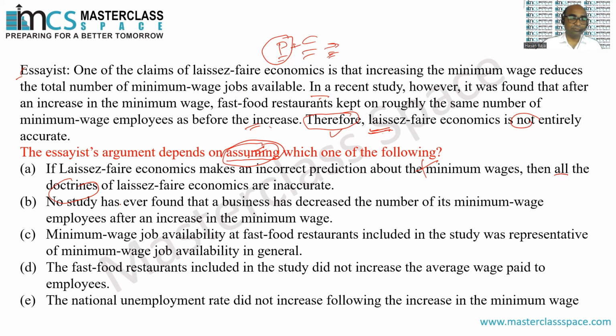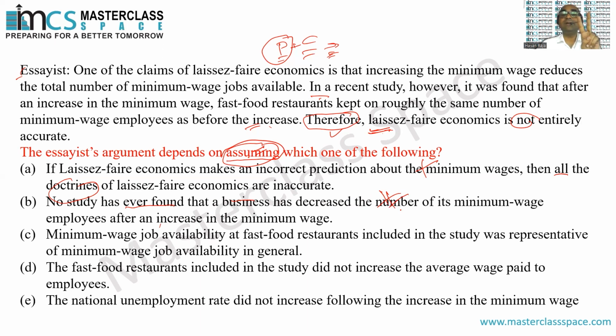So option A out. B: No study has ever found that a business has decreased the number of its minimum wage employees after an increase in the minimum wage. So here it is talking about increasing, and keeping the same number of people, but it is comparing wages versus wages.